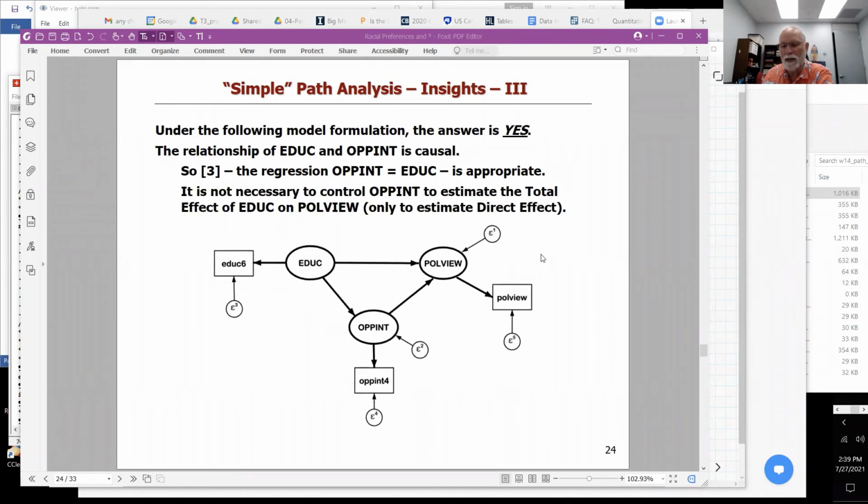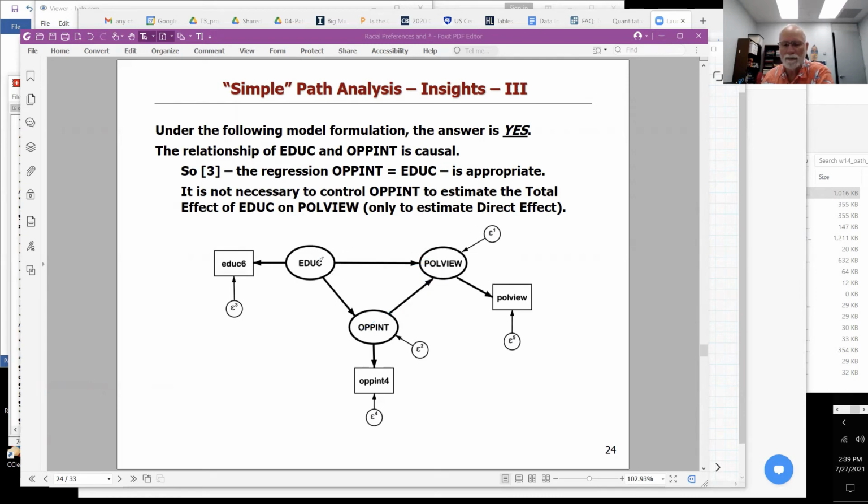If we go to this model, now we have 2 regressions implied. We have the same measurement model. Every indicator is perfect. We have a single indicator. Each single indicator is a perfect representation of the latent concept. But now we have 2 regressions. We need 1 regression here with education and opposition to integration, both predicting political view.